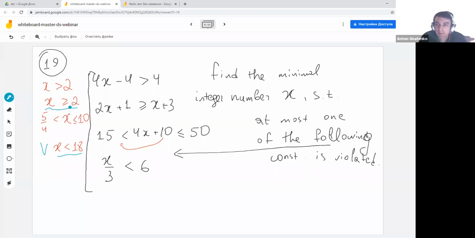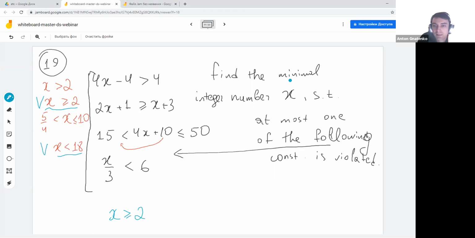If x is less than 2, then it cannot be greater than 2, which means that the second constraint is also true for any possible answer. We must satisfy this constraint. But now this constraint gives us some very good information. We know that any answer we can ever hope to get is greater or equal than 2.